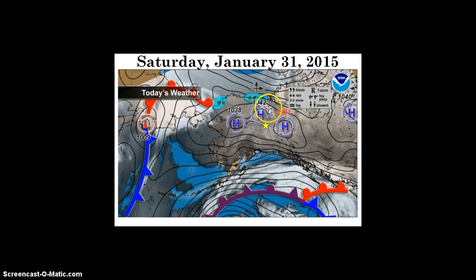On the 31st, there are 3 high systems that Eagle is surrounded by. On the 31st, if you could remember, the temperatures were going up and the pressure was beginning to fall.